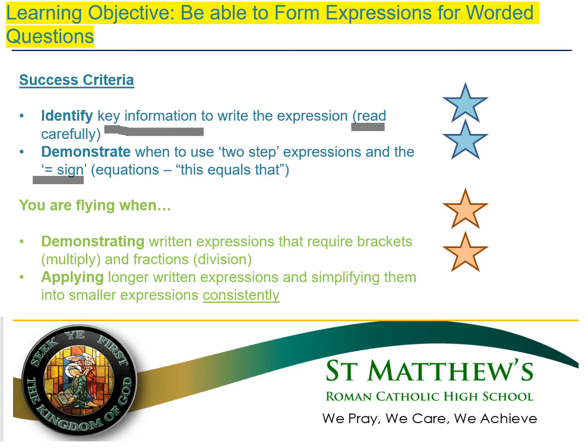So remember from our first and second lessons, when we have the equal sign, this equals that, it creates our equations. When we have an equal sign, it becomes an equation with expressions involved.